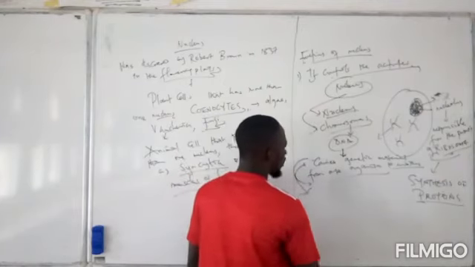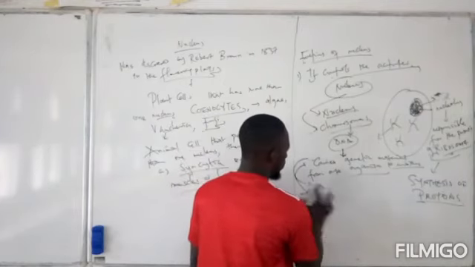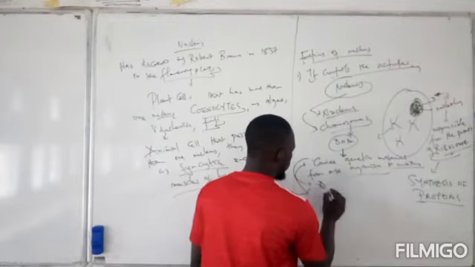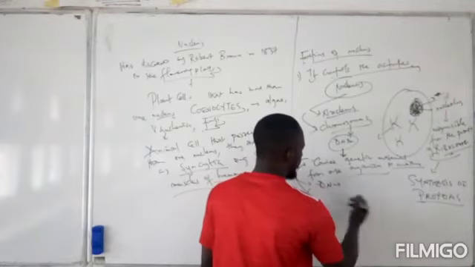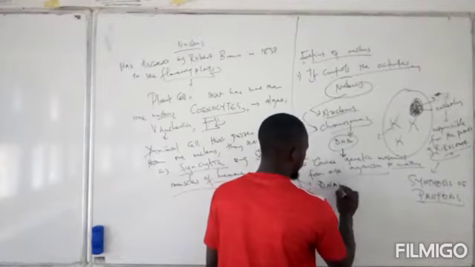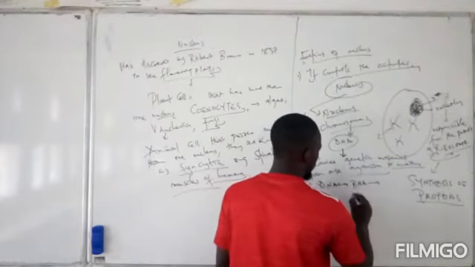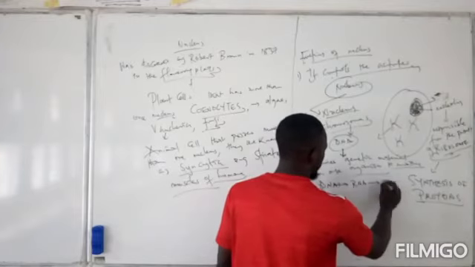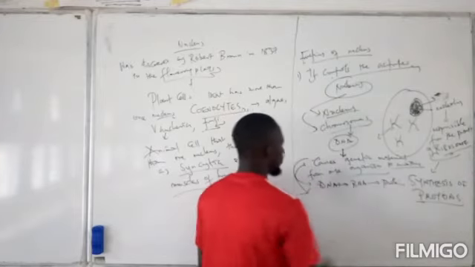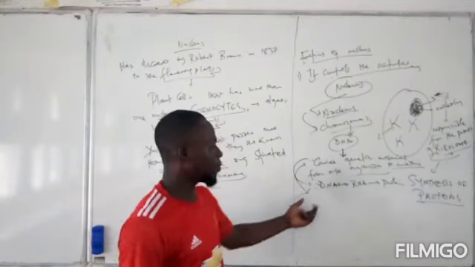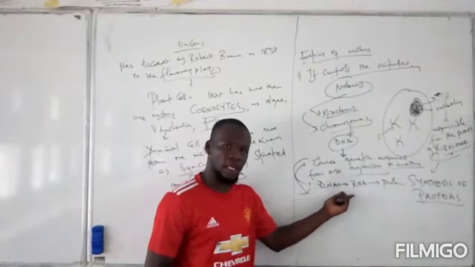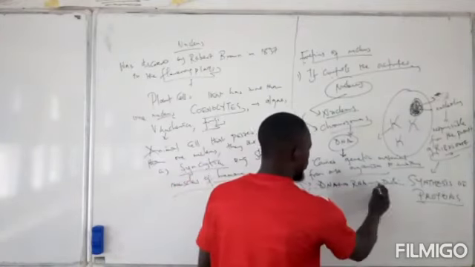The other function of the DNA, which is replication of the DNA, helps in the manufacture of protein. So the DNA is being transcribed to RNA, and the RNA is being translated to what?